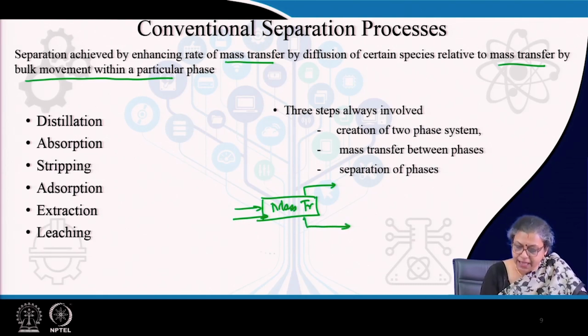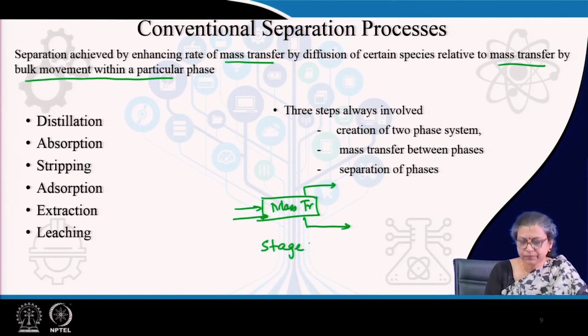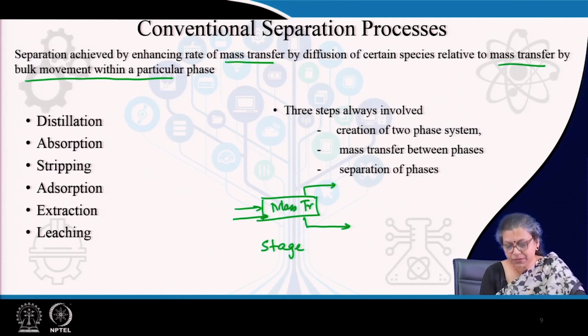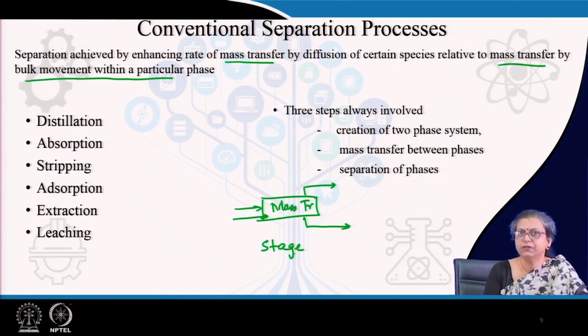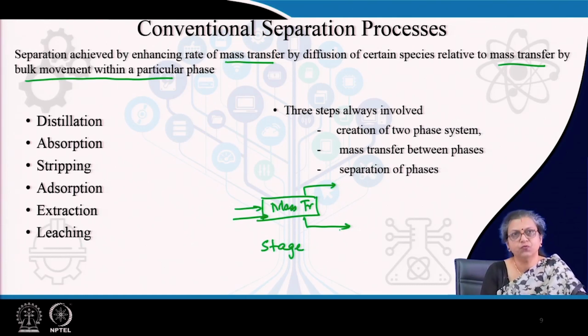This entire process comprises one stage of the separation process. What is the maximum separation that we can achieve in one stage? The maximum separation is when the two effluent products are such that the component which has to be separated is in equilibrium between the two phases.